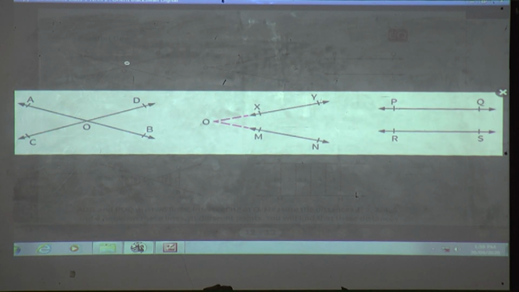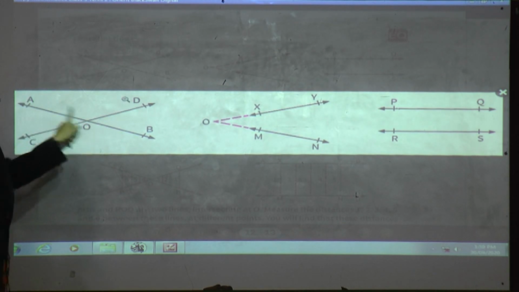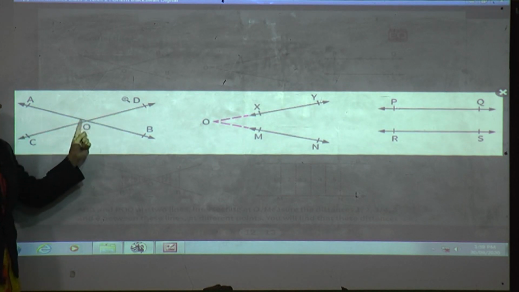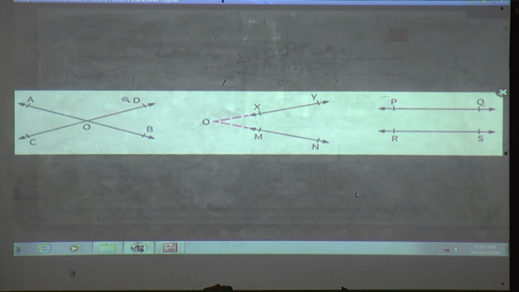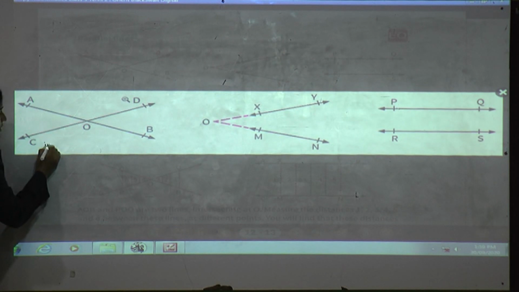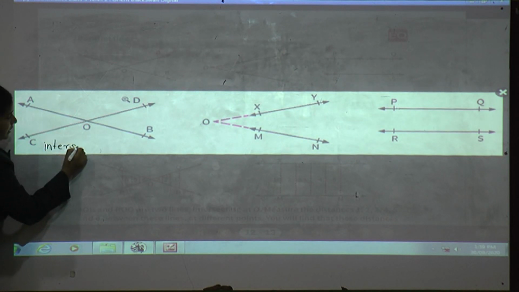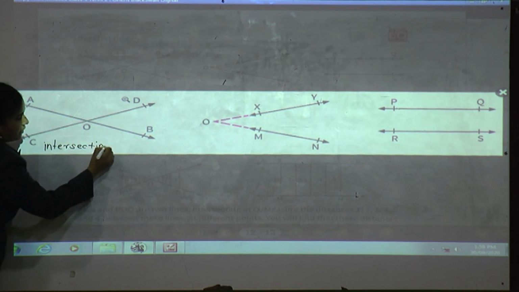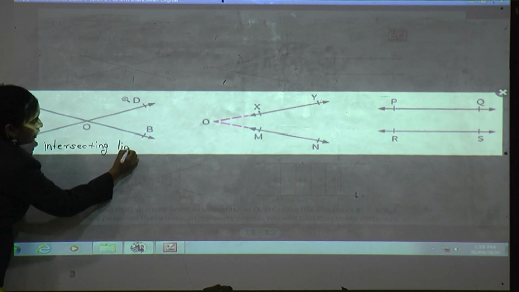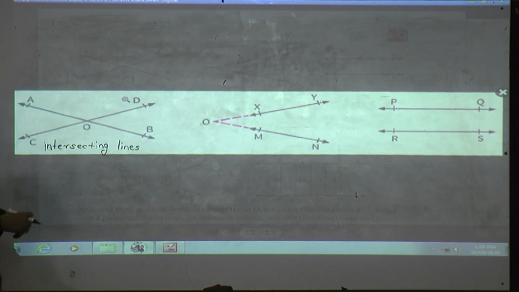See students, AB and CD meet or intersect each other at point O. So they are intersecting lines. Now see our second figure.